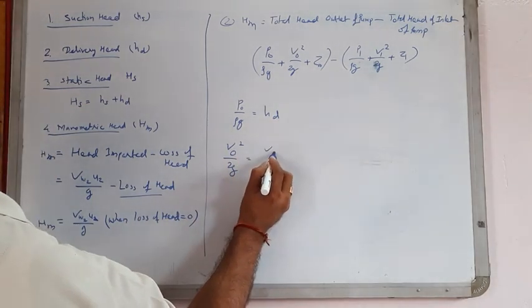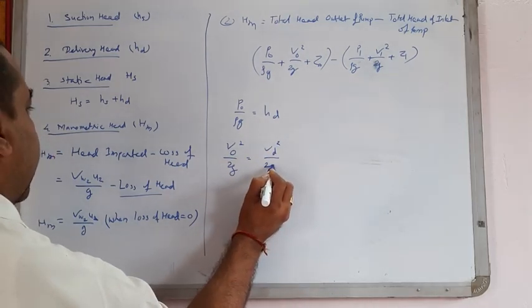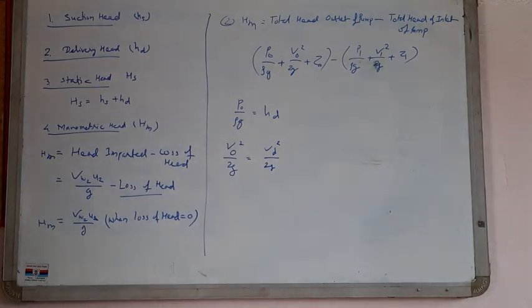So this is Vd square by 2g at delivery head. Now Z0 is vertical height of outlet of pump from datum line, and P1 by rho g, V1 square by 2g, and Z1 are corresponding values of pressure head, velocity head, and datum head at the inlet of the pump, that is hs, Vs square by 2g, and Zs respectively.